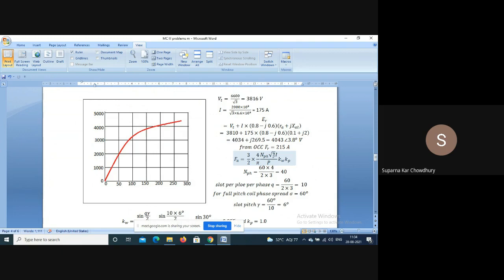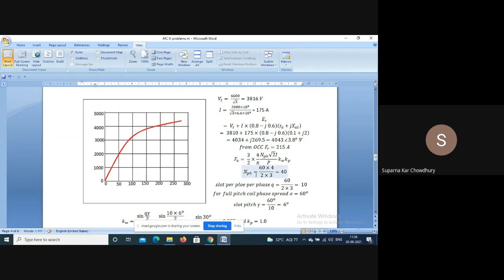Now in this expression, I, N phase and P are known, so Kw and Kp are unknown. That is the winding factor and pitch factor. It is not told that the winding is short pitch, so we will consider a full pitch coil. So Kp is 1, but Kw we have to decide.